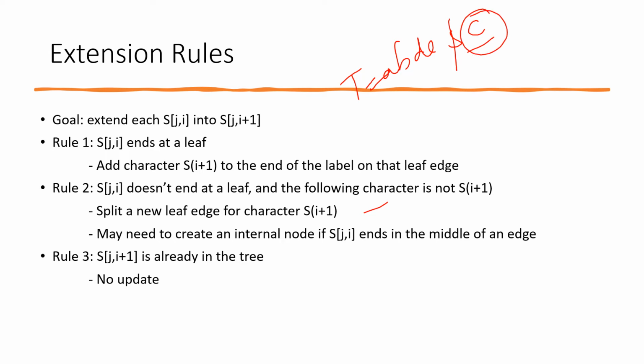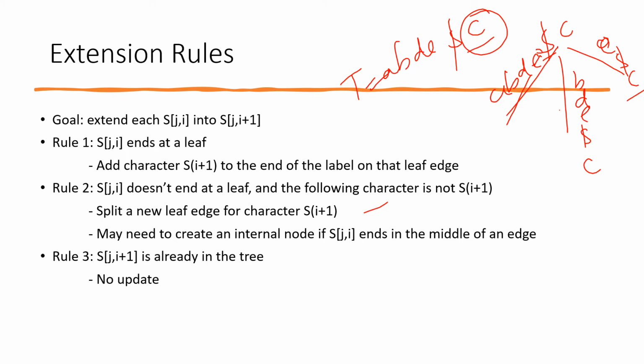So for a, b, d we add e also there; for a dollar we add c; for b, d, e dollar we add c again; and for e dollar we add c again. For every path we travel to the end and add the new character. So this is rule 1 extension.